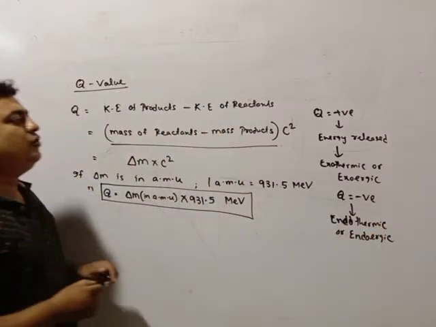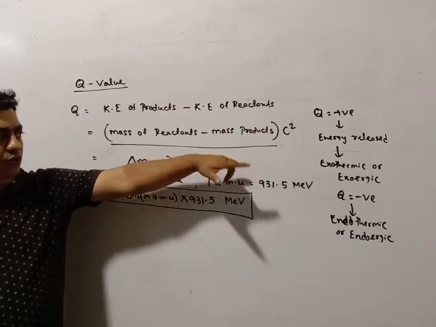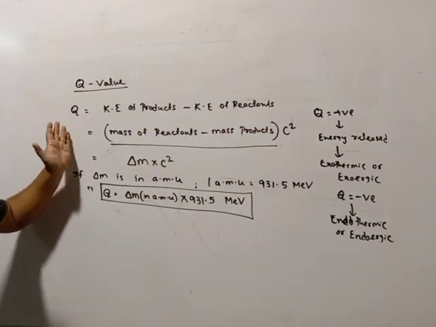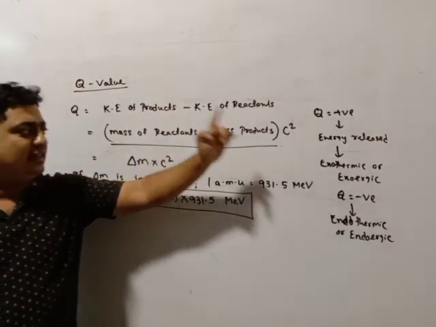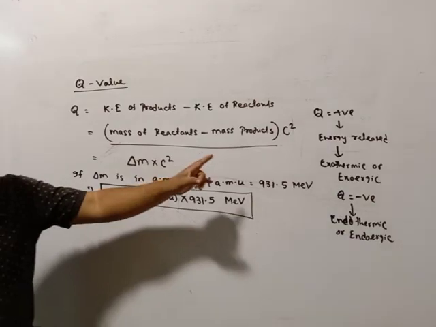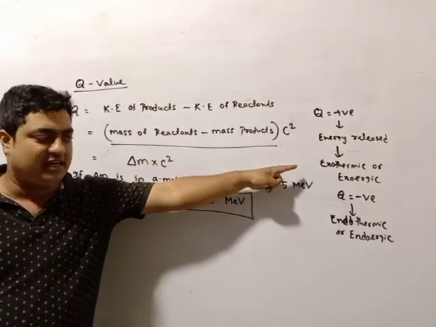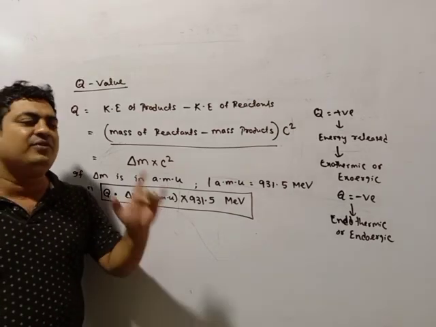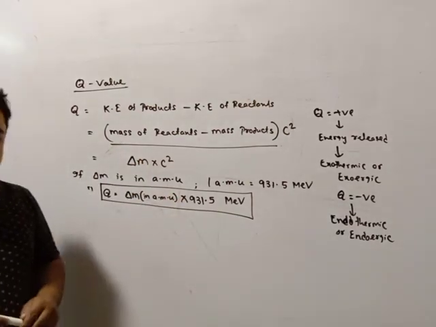So, from Q value, we can predict what amount of energy is involved in the reaction and whether the energy is released or absorbed. That means if Q is positive, the reaction will be exothermic. If Q is negative, the reaction will be endothermic.